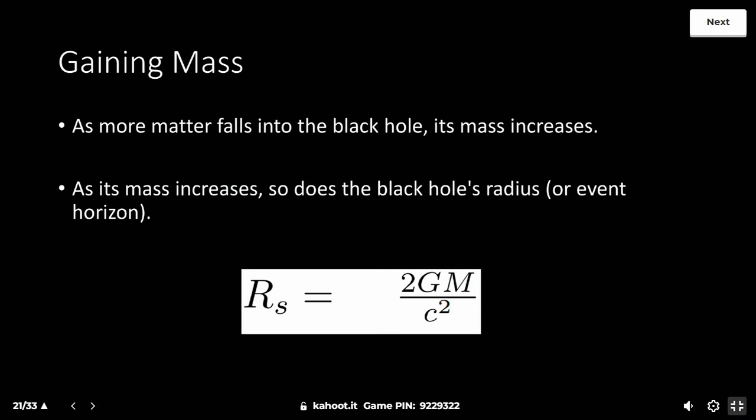So, gaining mass, yes. Everyone seems to get that one. And as matter falls into the black hole, its mass is going to increase. And this increasing mass actually does have an effect on the black hole, in that the more mass you have in your black hole, the larger your radius is going to be.